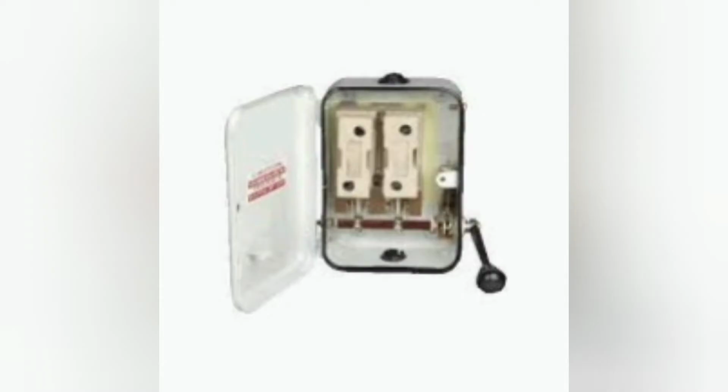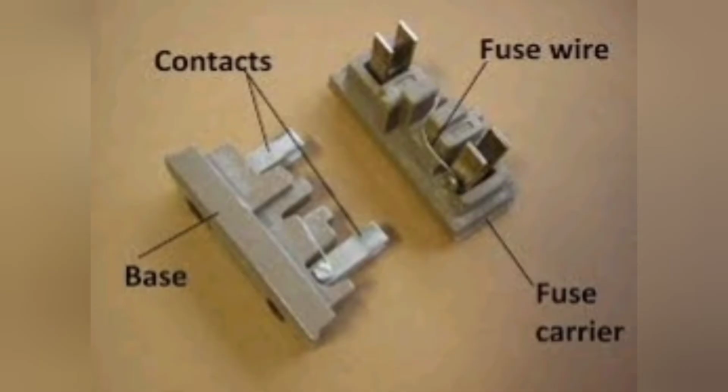That means we use this MCB as an alternative for the fuse. In olden days, we know there was a fuse binding with a copper wire, and we used ceramic type holders. We were using those fuses in our residences in olden days.